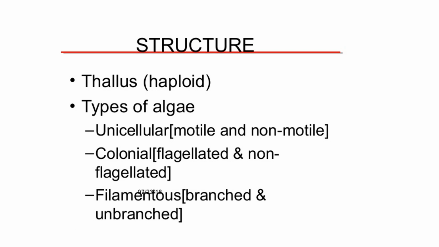I hope I don't have to tell you in detail what these mean: motile, moving, non-moving; colonial; with or without flagella; and filamentous with branches or with no branch, just one filament.